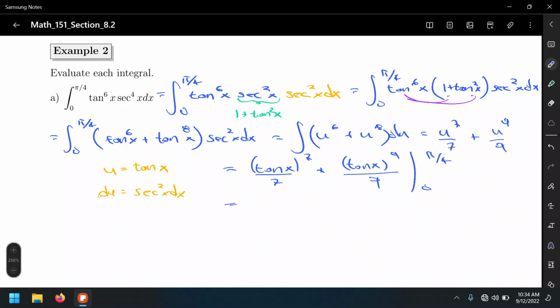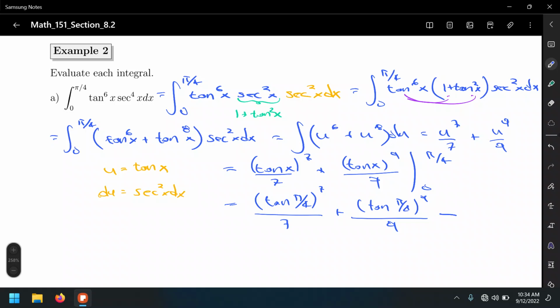So first, tangent pi over 4 to the 7th power over 7 plus tangent pi over 4 to the 9th over 9, minus what happens if we plug in the lower limit of 0 into the tangent function?